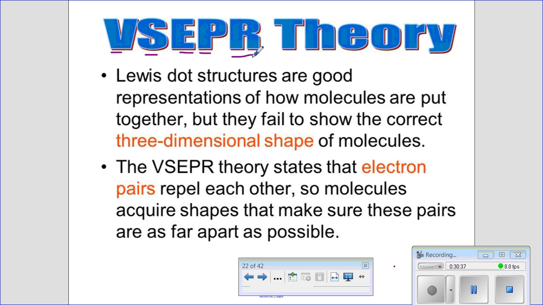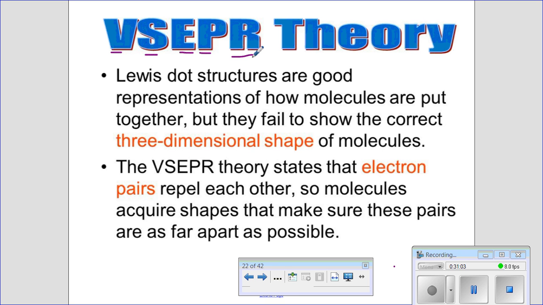So your Lewis dot structures, or your Lewis structures, to show molecules and polyatomic ions, are good representations of how molecules and polyatomic ions are put together, but they don't really show the three-dimensional geometry or the shape of your structure. So the VSEPR theory is a way to show how your Lewis structure has a shape.